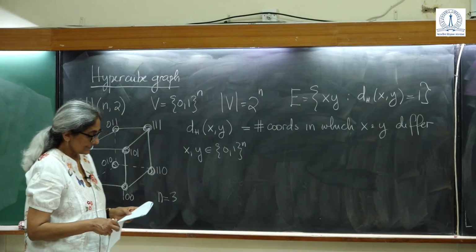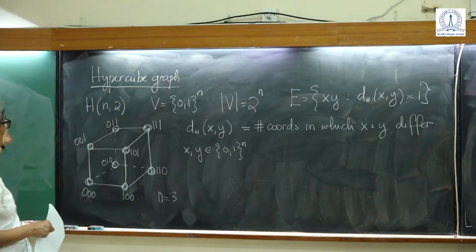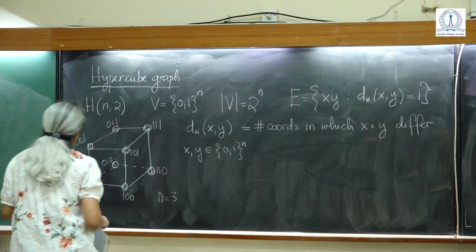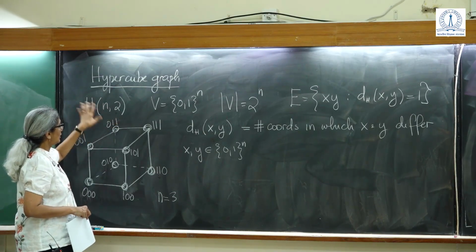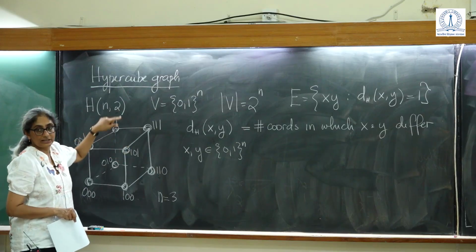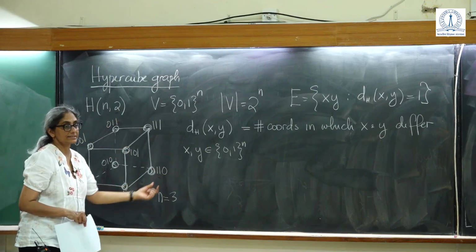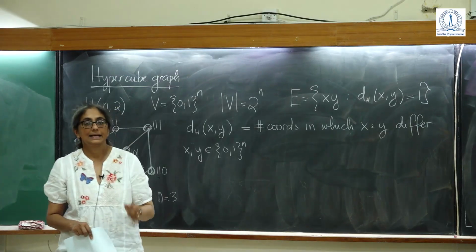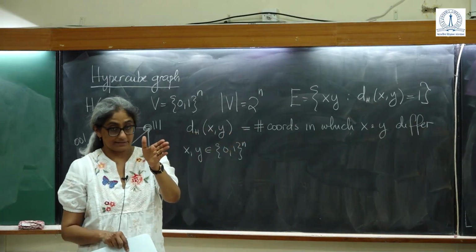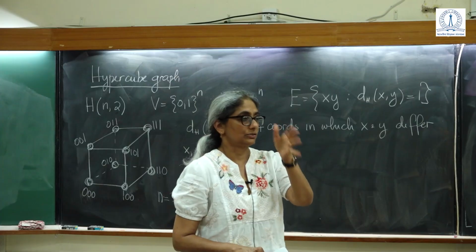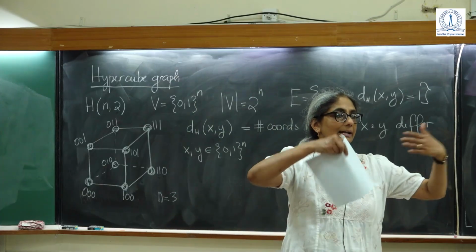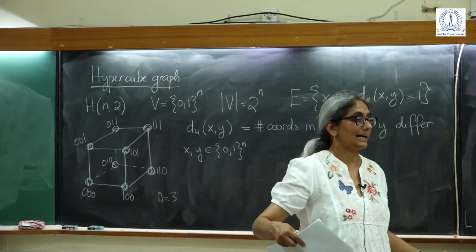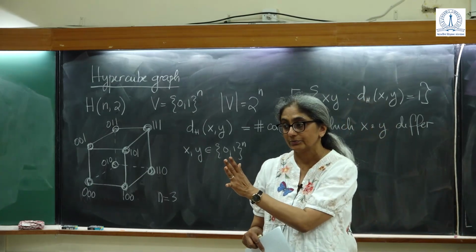All right, great. So this is the Hamming graph, the binary Hamming graph, the hypercube, but I only want the graph. I'm putting the 2 here because we are working with 2 letters, 0 and 1. In general, you could work with q letters: 0, 1, 2, 3 up to q minus 1, and then look at all length n strings on those, and that gives you H(n,q).